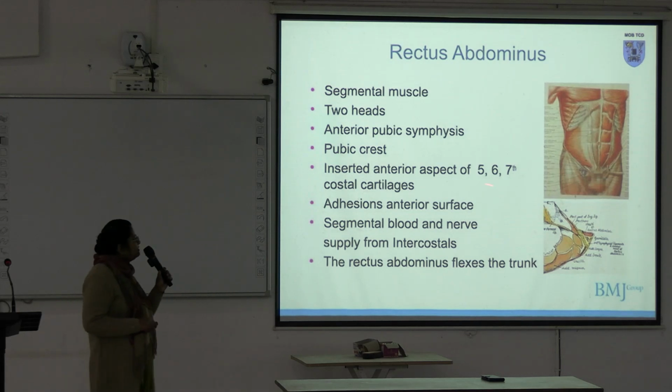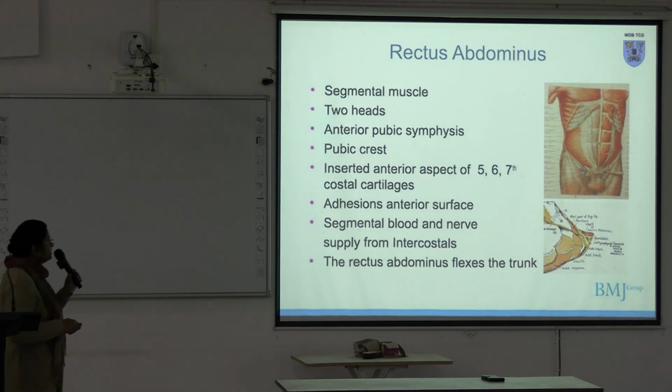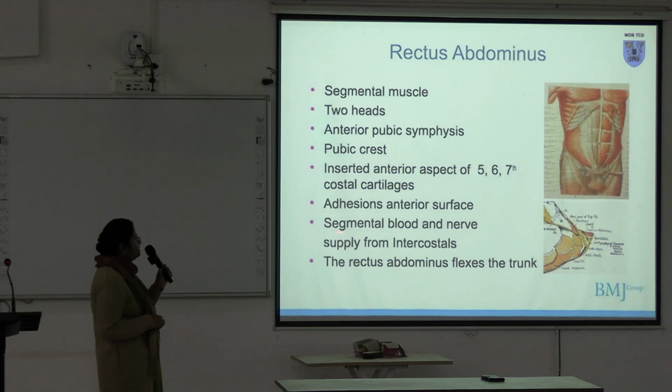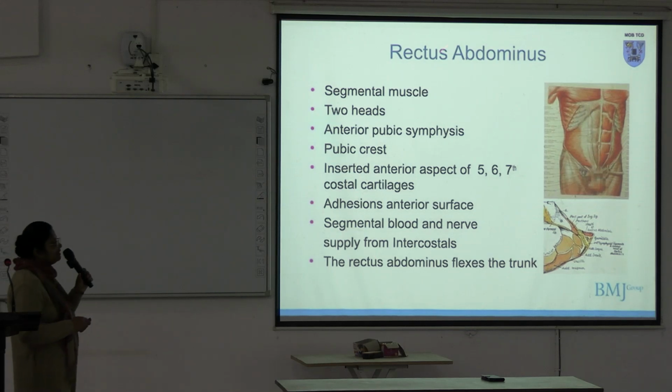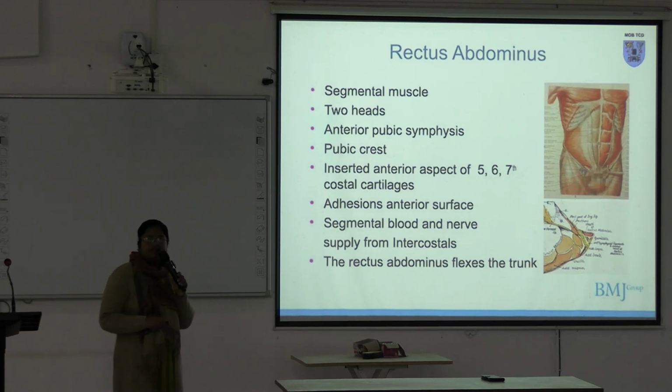Not costal cartilage directly, it is inserting mainly into the linea alba, and through the linea alba it is attached to these cartilages. We are discussing rectus abdominis, so it is inserted into the anterior aspect of the 5th, 6th and 7th costal cartilages on each side.